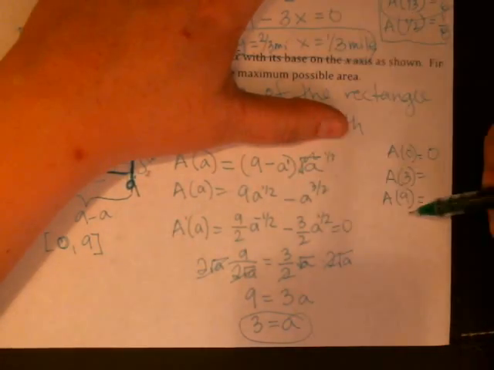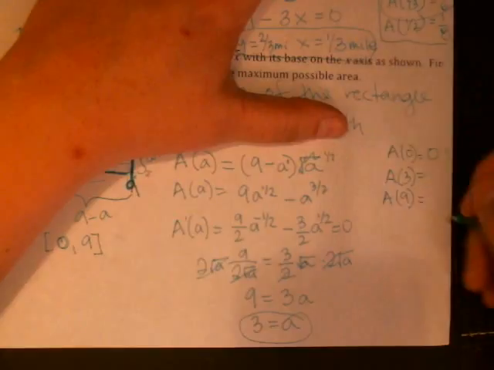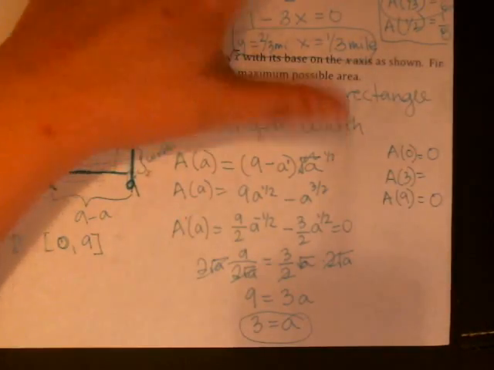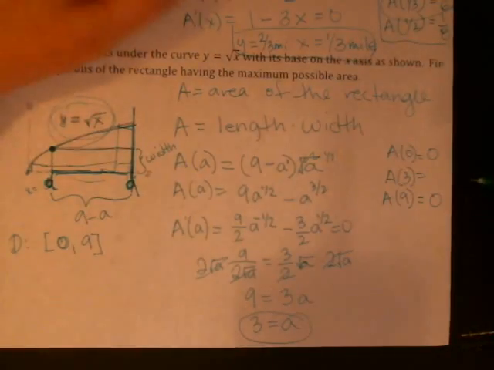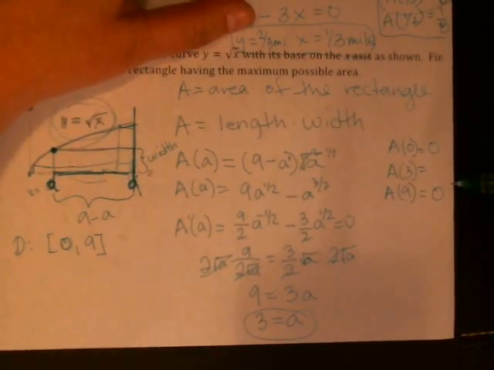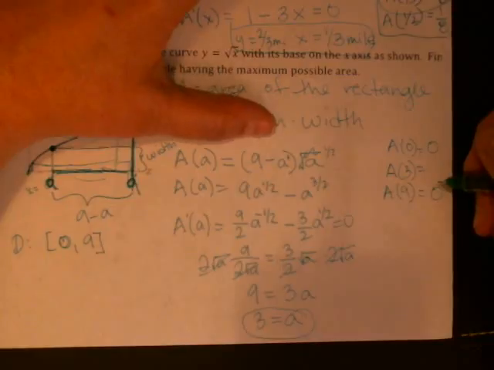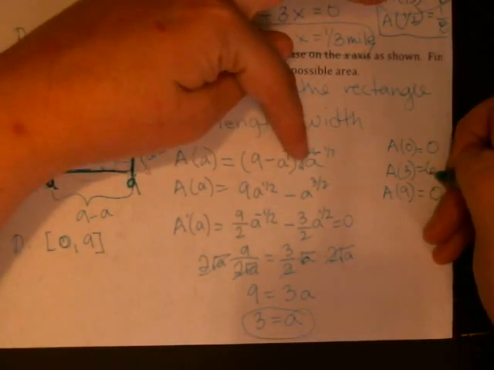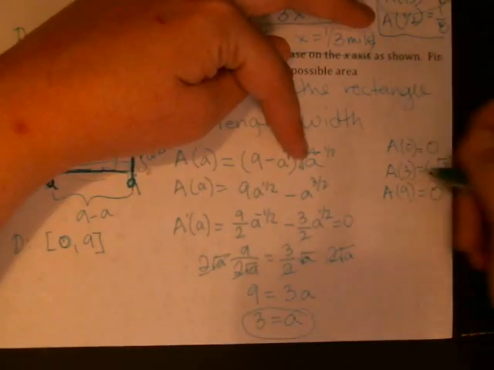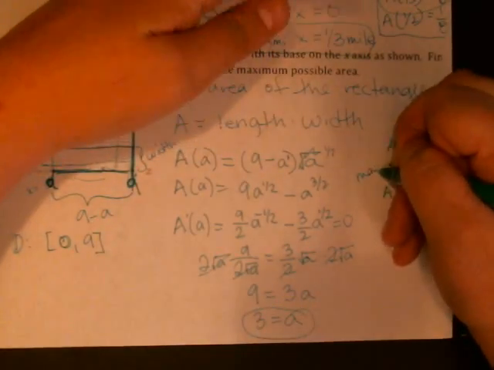When a is 9, the first factor is 0, which makes everything 0. And we saw that in the picture, flat this way, both of those have 0 area. So a equals 3 is looking pretty promising. We have 9 minus 3, which is 6, and then we have the square root of 3. So this is definitely my max.